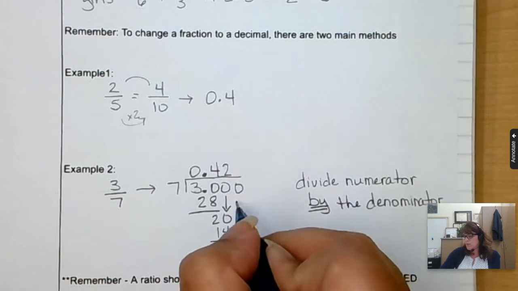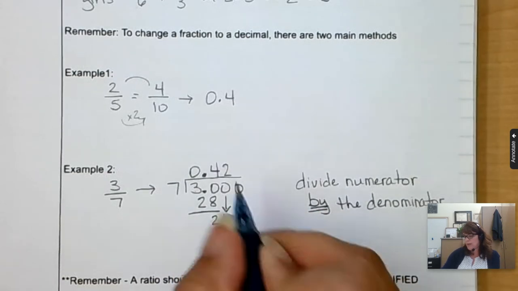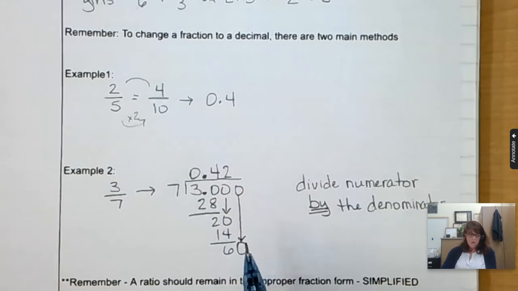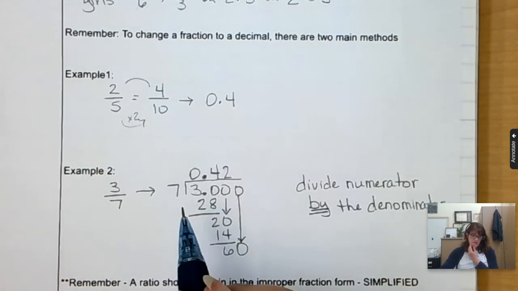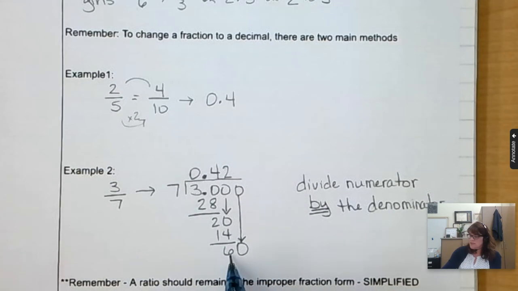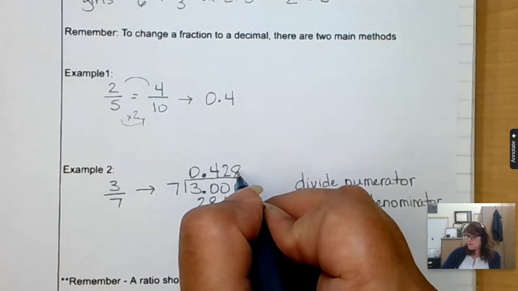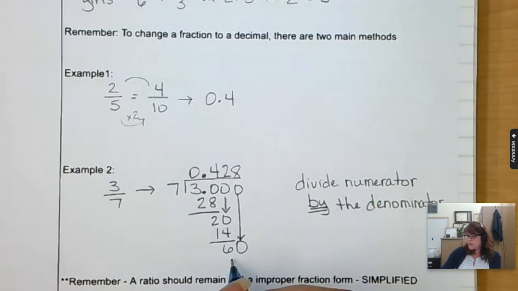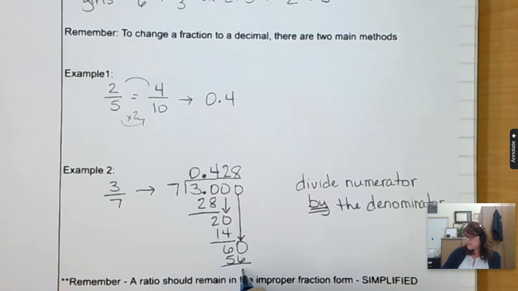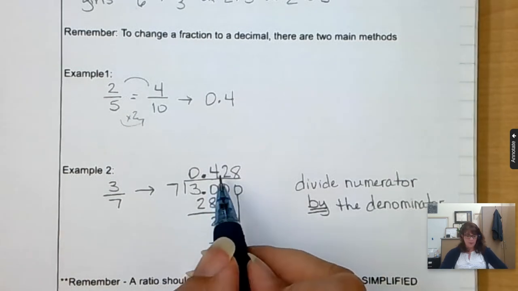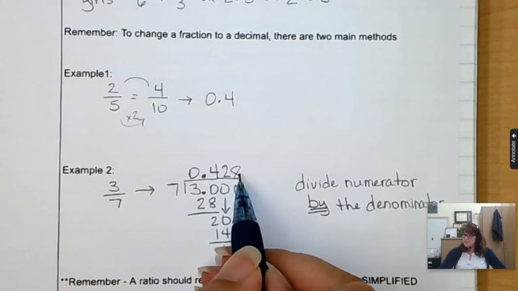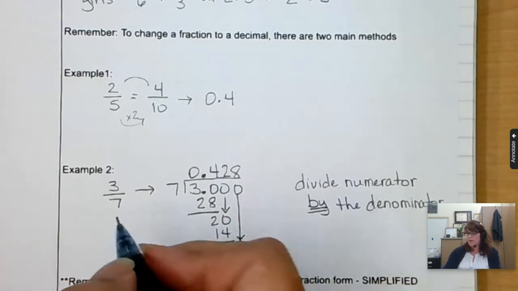And I'm going to bring down one more 0 just so I know if I need to round or not. Now, how many times can 7 go into 60? Well, not exactly, but 8. And that's 56 and 4. And it could keep going. But remember, I told you just go 3 spaces and that'll give you a good rounding amount.